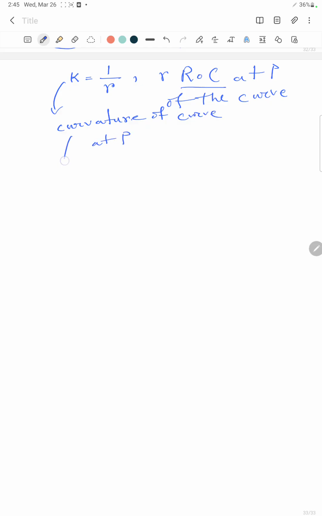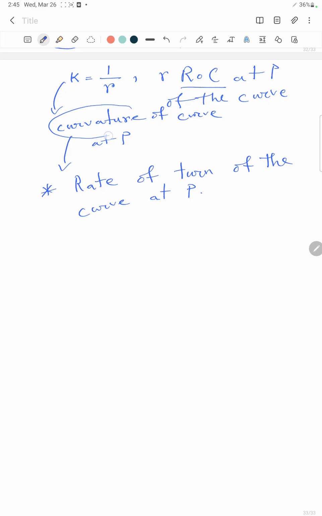So what does that curvature mean? Actually this means the rate of turn of the curve at P. The curvature is simply the measurement of the rate of turn of the curve at P, which is simply 1 by r, where r is the radius of curvature of the curve.